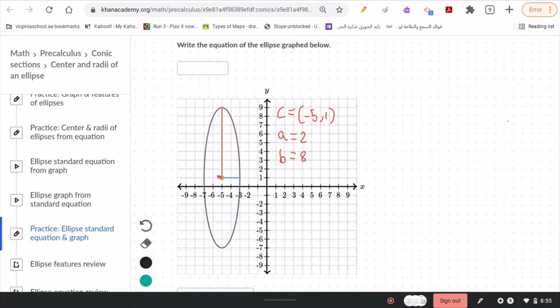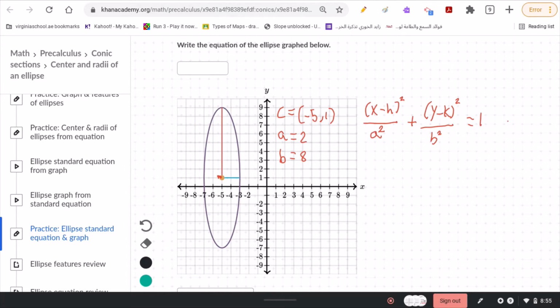Now let's plot it in the equation, which is (x minus h) squared over a squared plus (y minus k) squared over b squared equals 1.